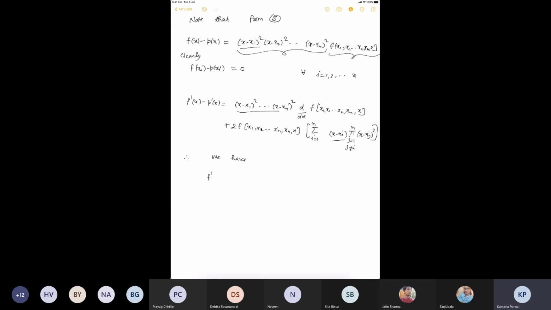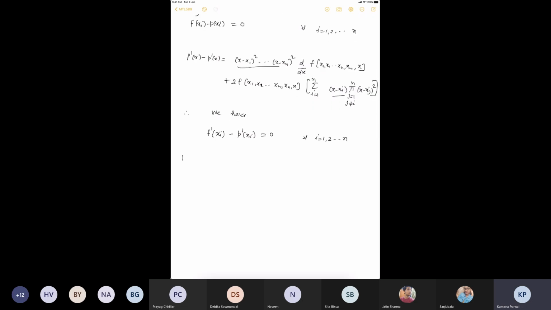That f prime evaluated at xi minus p prime evaluated at xi is equal to 0 for all i ranging from 1 to n. Okay, so that's what we have got.